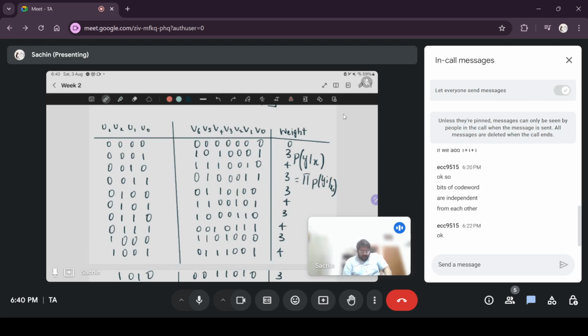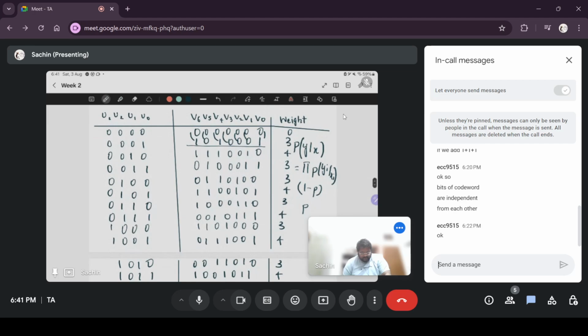But what exactly will this be? Whenever a bit has not been changed, the probability of that happening is 1 minus p. Whenever a bit has changed, the probability of that error occurring is p. So how many of these bits will change? How many places will 0 change to 1? That will be equal to the Hamming weight of this code word.